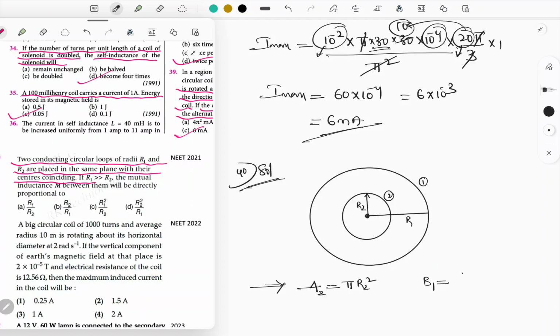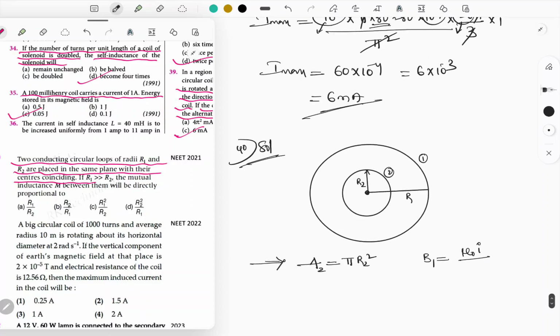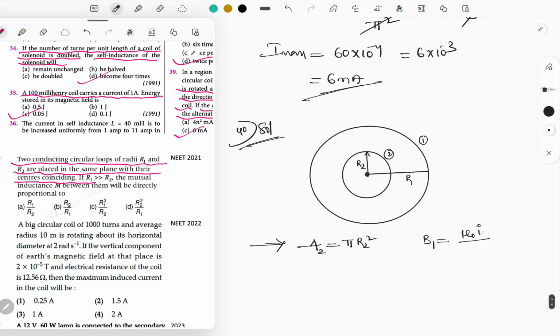B1 is equal to, at the center, mu naught I by, let's say current is flowing through coil 1. So if current is flowing through coil 1, then the formula for magnetic field at the center is mu naught I by 2 pi r1.